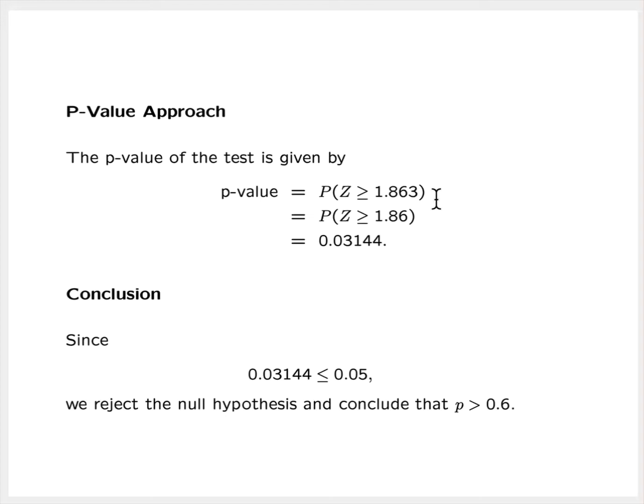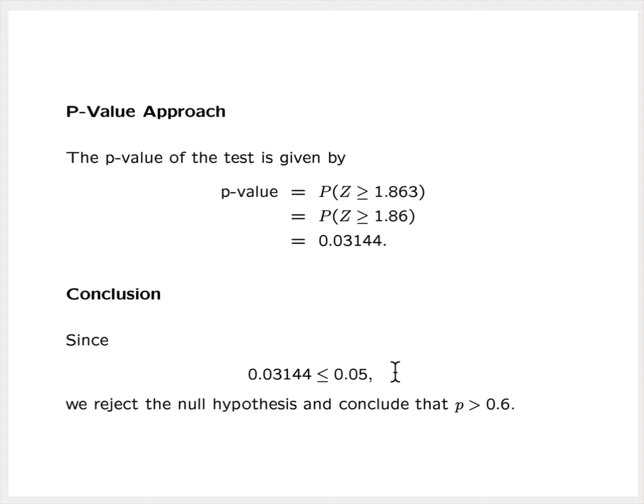We could maybe interpolate, but I'm not going to do that for the purposes of this problem. It suffices just to round the observed value of the test statistic z-calc to 2 decimal places. And so this p-value is approximately equal to the probability that z is greater than or equal to 1.86, which from the standard normal table is 0.03144.